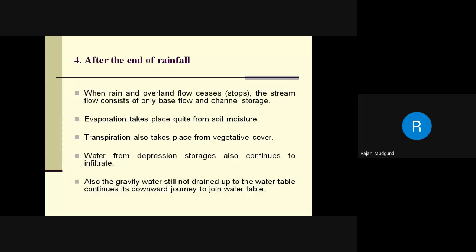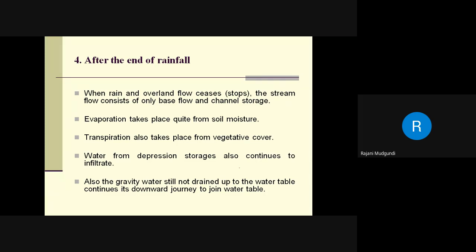After the end of rainfall, when the rain and overland flow cease or stop, the stream flow consists only of base flow, or the groundwater which is contributing to the river water. Evaporation takes place quite from soil moisture. So nearby soil will try to evaporate some of the moisture as no rainfall is further continuing.